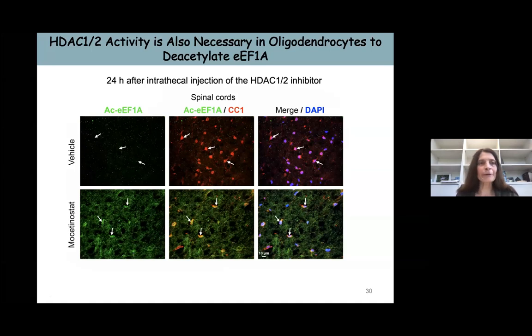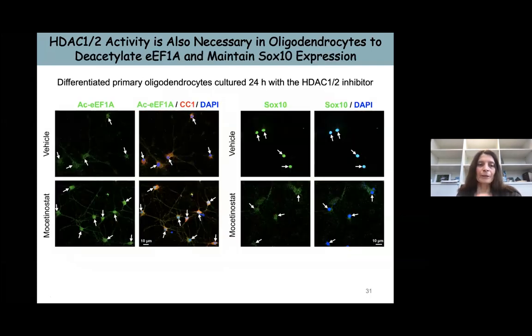So it seems that HDAC1/2 activity is also necessary in oligodendrocytes to deacetylate TFIA. We did primary oligodendrocyte cultures, differentiated them, and then treated them for 24 hours with the HDAC1/2 inhibitor mocetinostat. Here you can see the vehicle treated cells and the mocetinostat treated cells, with a strong increase of acetylated TFIA in the CC1 positive cells.